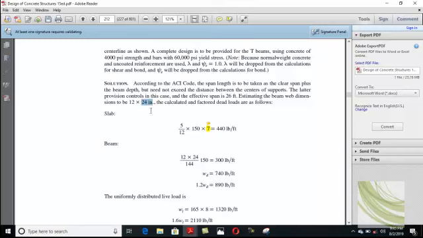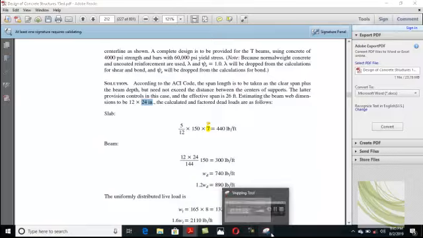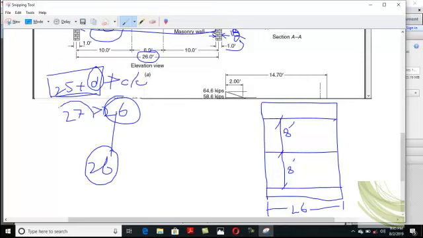If you add 21 inches, which is 1.75 feet, or roughly 2 feet, it comes out to be roughly 27 feet, which is greater than 26 feet. So your span length will be 26 feet. You have to use 26 in your calculation, not this one.